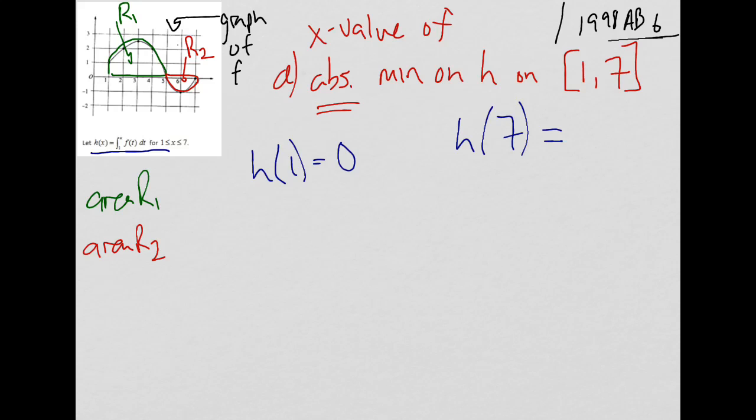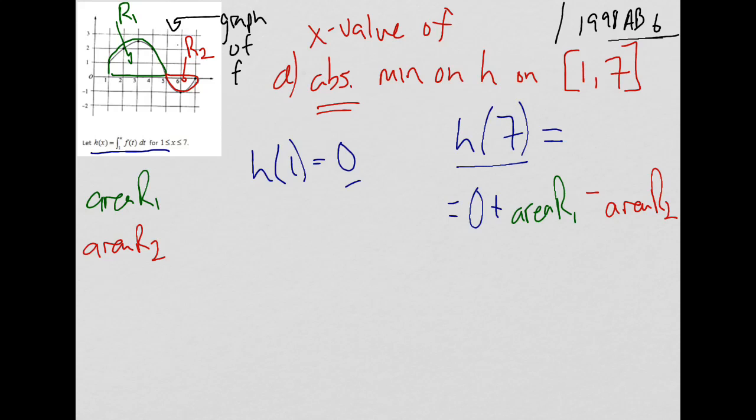So I know that h of 7, this thing right here that I'm looking for, is going to be, well, my starting point is 0, so it's going to be 0 plus the green area, because that's above the axis, and then the red area is below the axis, so I'm going to get minus the area of that lower bit. So minus area of R sub 2.